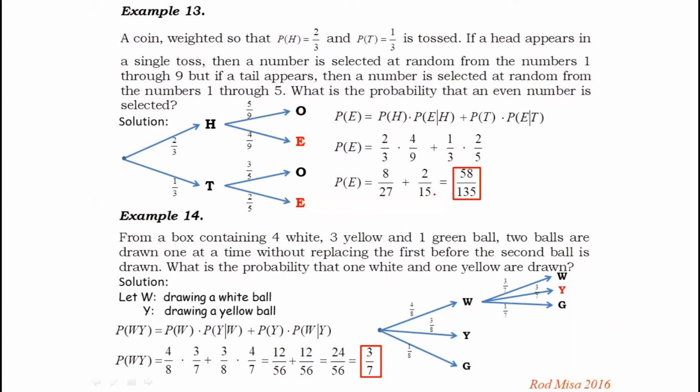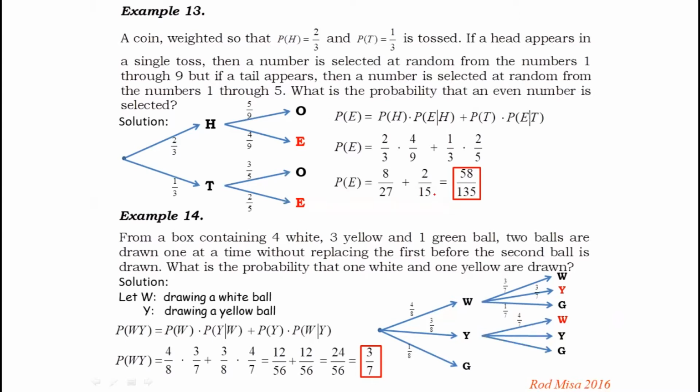But if you have drawn a yellow ball during the first draw, you can choose a white ball or a yellow ball or a green ball from this box. And the probability of drawing a white ball is 4/7, because we still have 4 white balls from this box, since it was yellow that you have selected during the first draw.